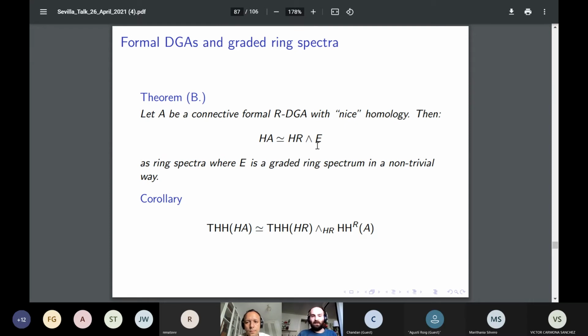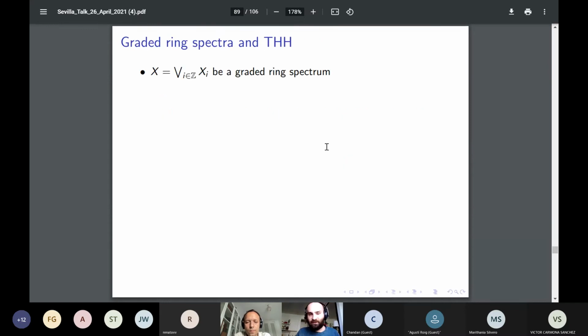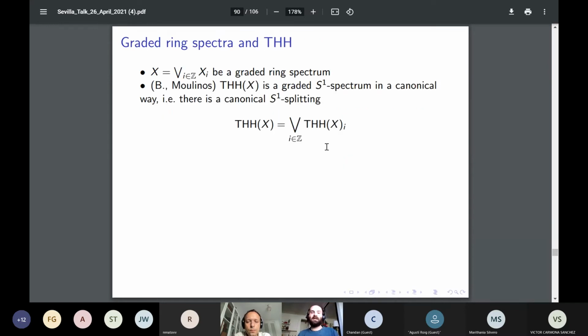And one more thing I was saying is that we also have a graded ring structure in here, right? So let me say a few things about how that graded ring structure plays into our THH computations. What the graded ring structure does is that it splits THH as an S1 equivariant spectrum into a coproduct.